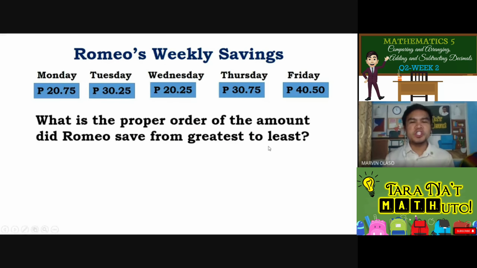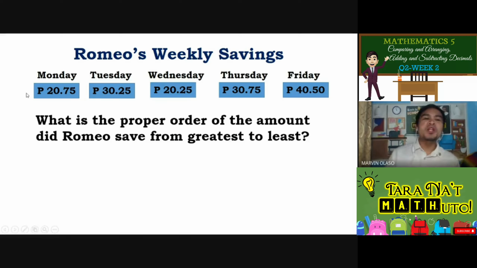What if the question now is, what is the proper order of the amount Romeo saved from greatest to least? So we are going to arrange these numbers from greatest to least, meaning in descending order or decreasing order.